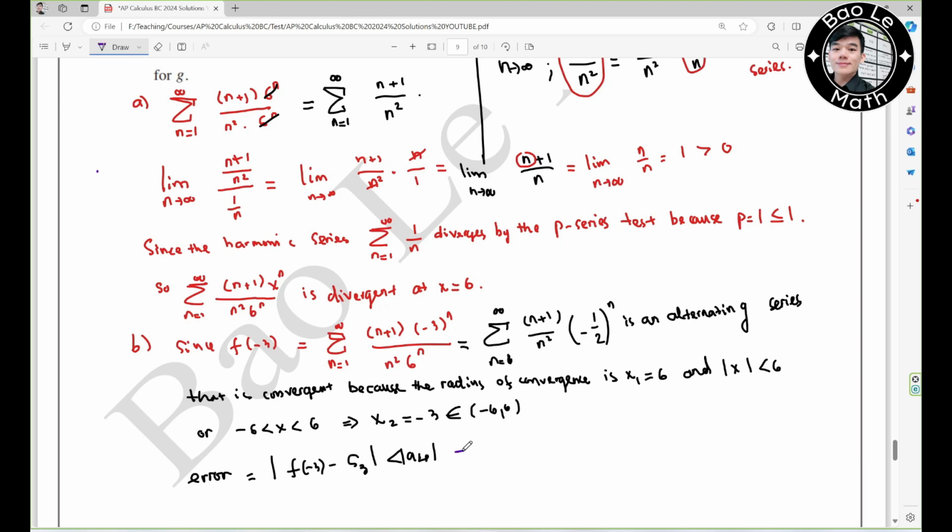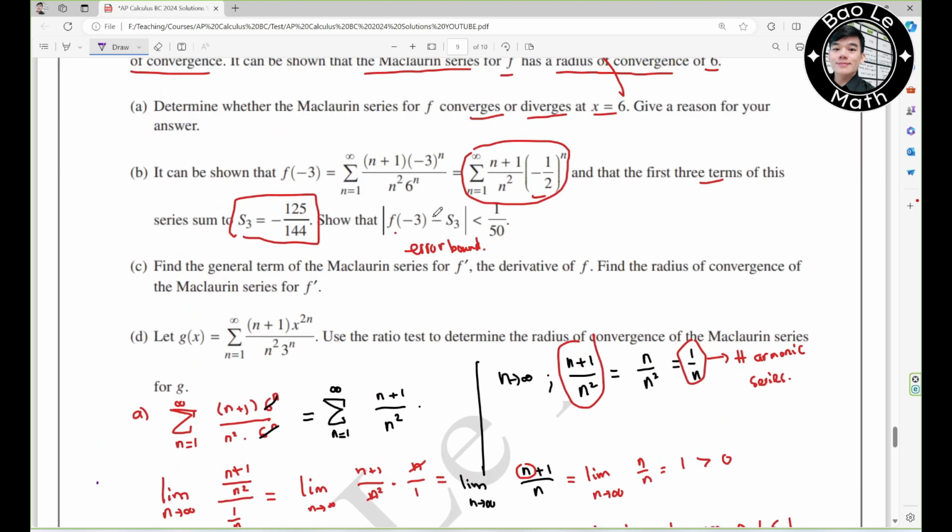So it could be 4 plus 1 over 4 squared times negative 1/2 to the 4, and then it's going to be 5 over 16 times 1 over 16. It's going to be 5 over 256. Alright, this guy less than 5 over 250. And if you simplify, it turns out to be 1 over 50. Alright, and then we just proved it right here.